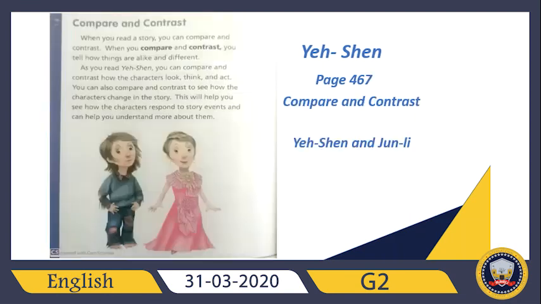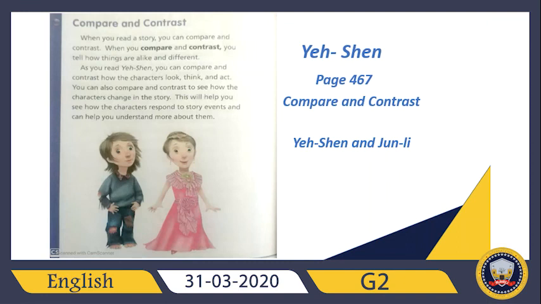After this, compare and contrast, page 467. When you read a story, you can compare and contrast. When you compare and contrast, you tell how things are alike and different. As you read Yeshin, you can compare and contrast how the characters look, think, and act.